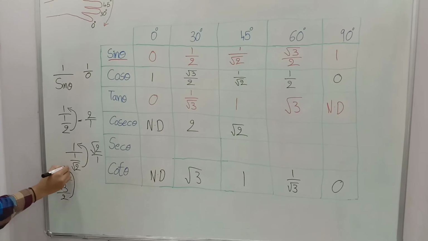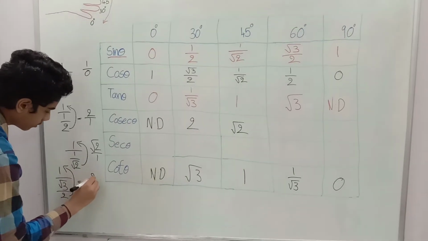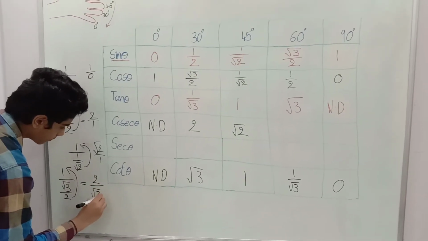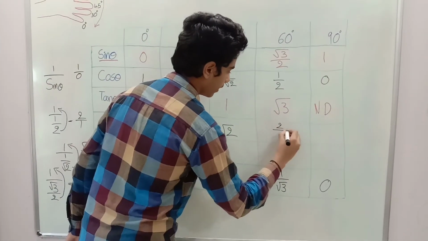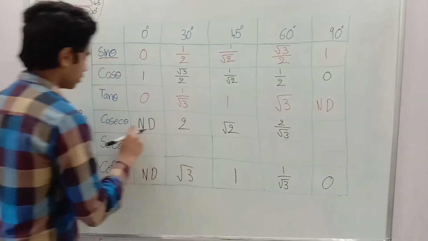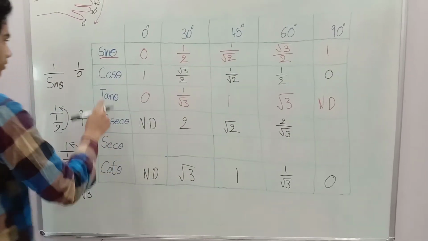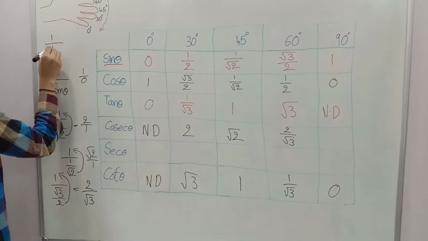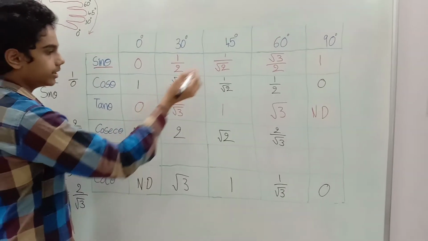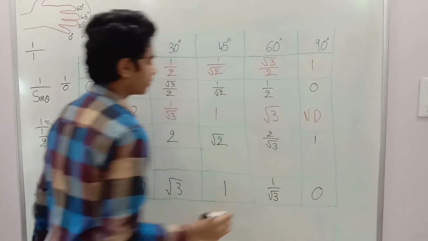If you bring this 2 to numerator, we will get 2 by root 3. So cosecant 60 is 2 by root 3. Now cosecant 90 is 1 by sin 90. Sin 90 is 1, so 1 by 1 is 1. So cosecant 90 is 1.